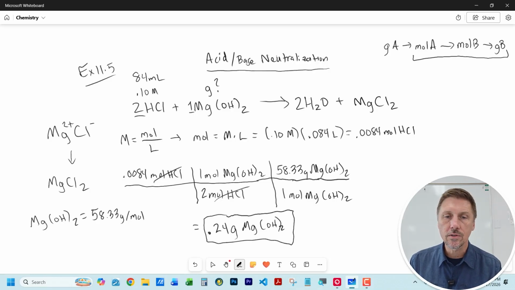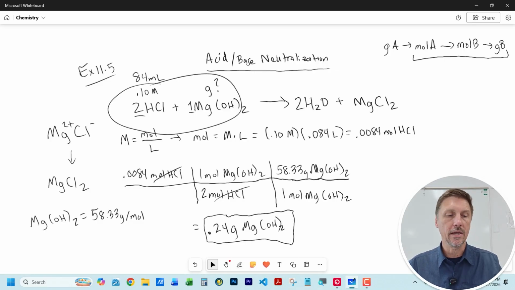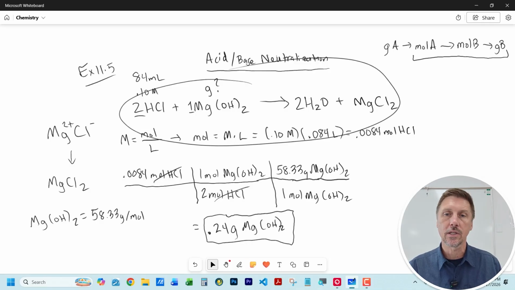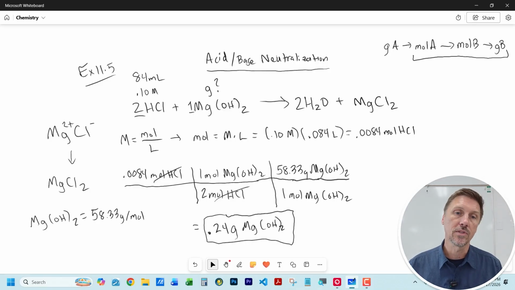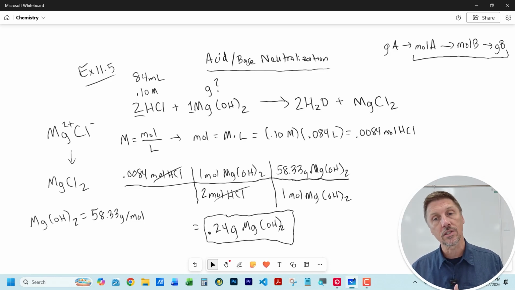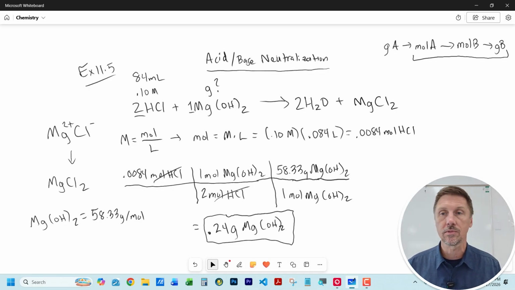And so here's what I want you to understand. Other than having to write this balanced chemical equation at the very beginning, because they gave us the acid and the base, and so we had to write the entire balanced chemical equation. But once we did that, we're really just doing problems that we've already done before. We've done problems in the solutions chapter that involved molarity, and then you had to end up finding the moles of a substance or the grams of a substance that were in there.